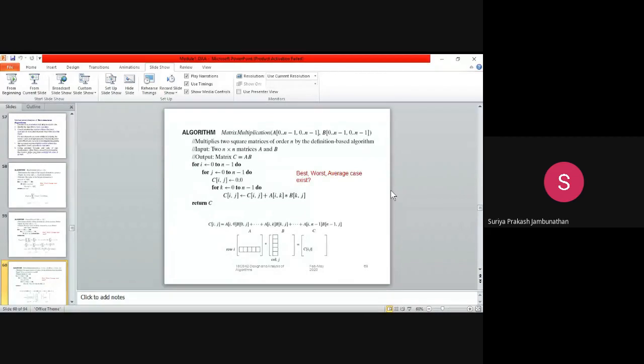Then what we are doing, C of ij. C of ij is the resultant matrix, for all resultant matrix positions. If it is a 2 cross 2 matrix, all the positions we initialize as 0.0. So C of ij gets 0.0, that is the third step. The next inner for loop we make as k from 0 to n minus 1 do.